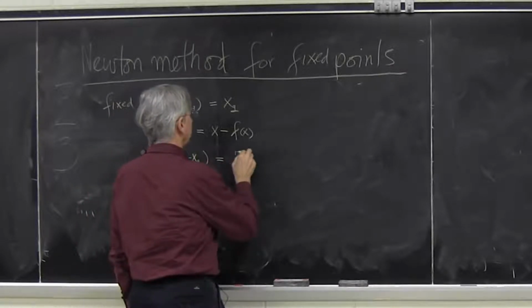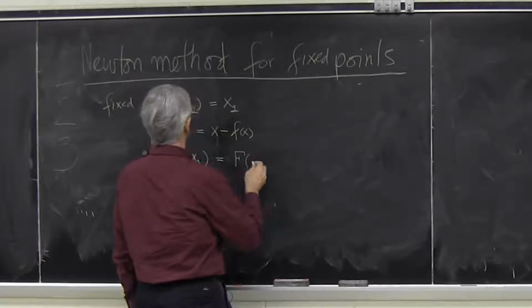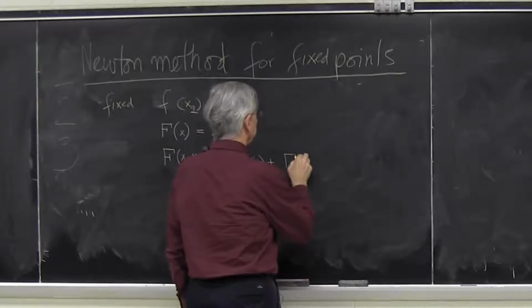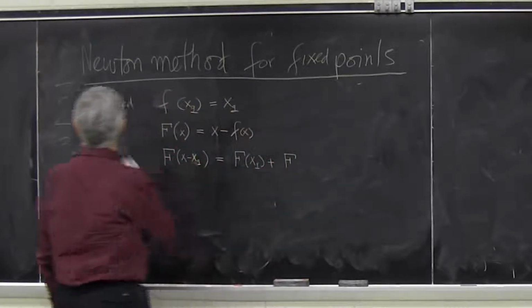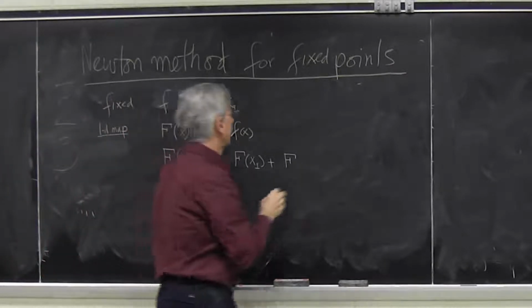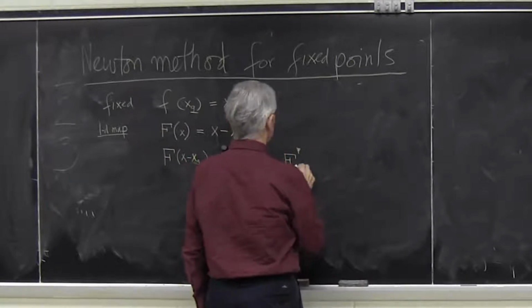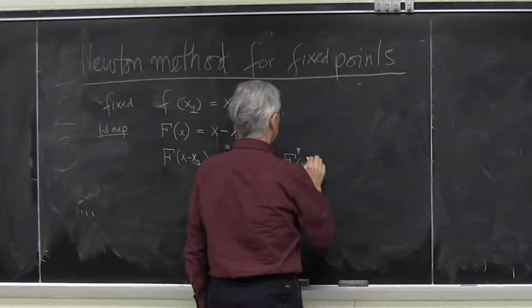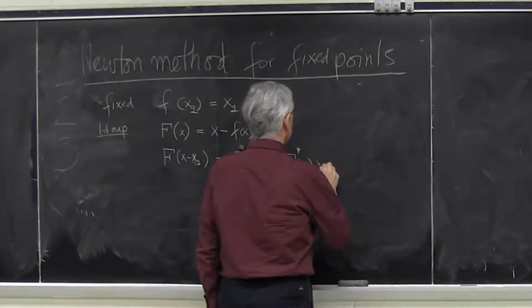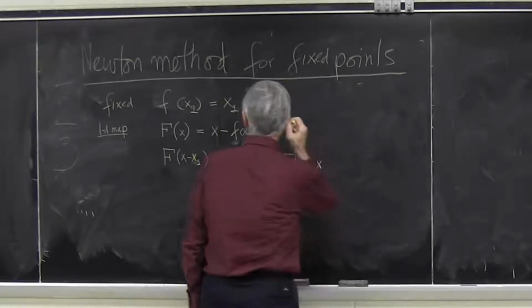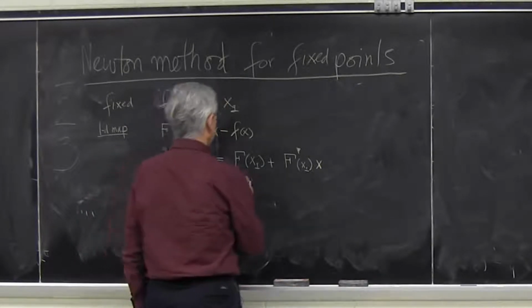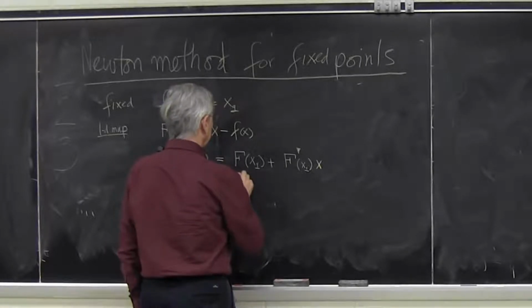We can write this as f of xq plus, if it's a one-dimensional map, plus derivative evaluated at xq times difference, and this is approximately f.